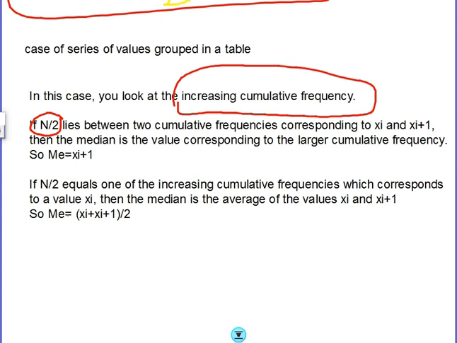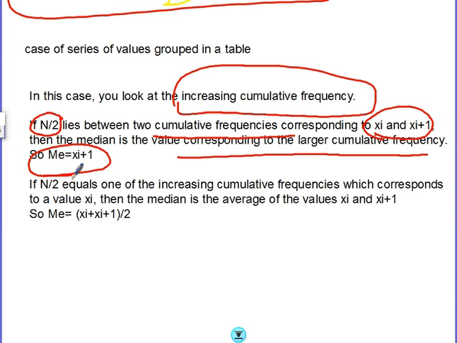You divide it by 2, and if the total frequency divided by 2 lies between two cumulative frequencies corresponding to your variable or your characteristics that you are studying, between xi and xi plus 1, the median is the value corresponding to the larger cumulative frequency. So the median is xi plus 1.